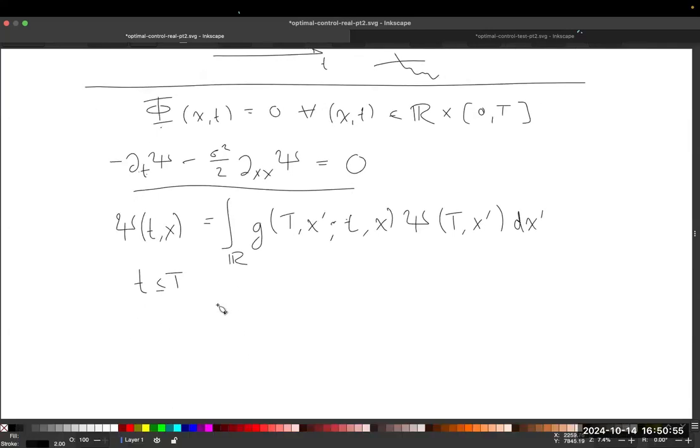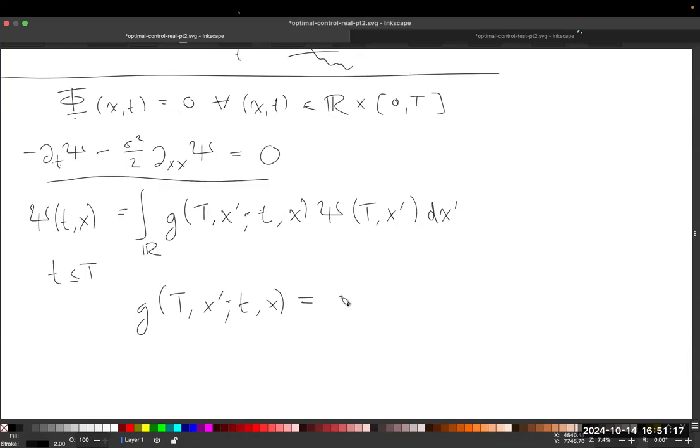So the Green's function for the diffusion equation over the entire real line looks like this. It is a normalized Gaussian function, so it has integral 1 over the real line.